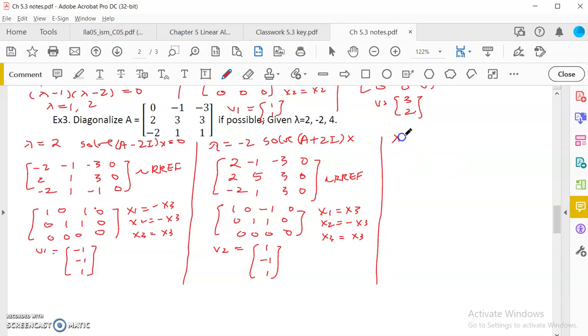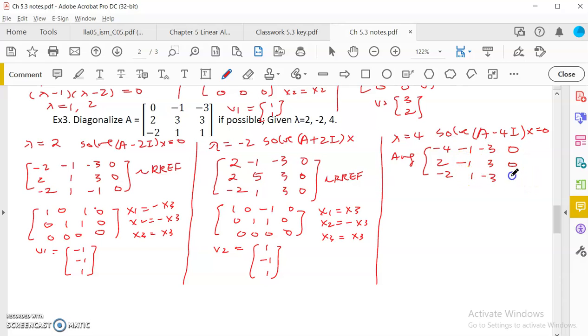The last one, lambda equal to 4. You can see that it is kind of repetitive now. You have to solve A minus 4I times x equal to 0. I would use the augmented matrix with minus 4 in all of these: negative 4, negative 1, negative 3, 0, 2, negative 1, 3, 0, negative 2, 1, 1 minus 4, which is negative 3.